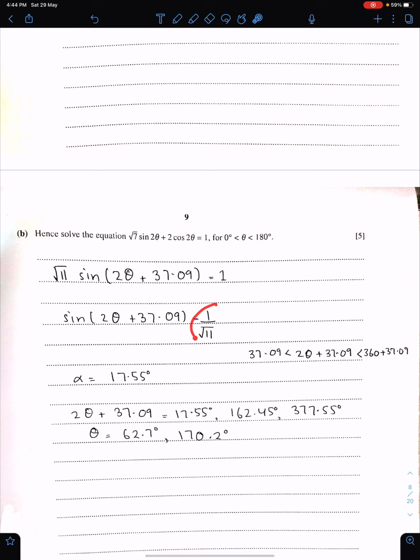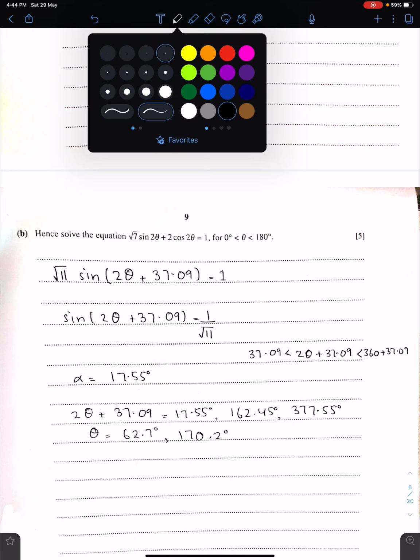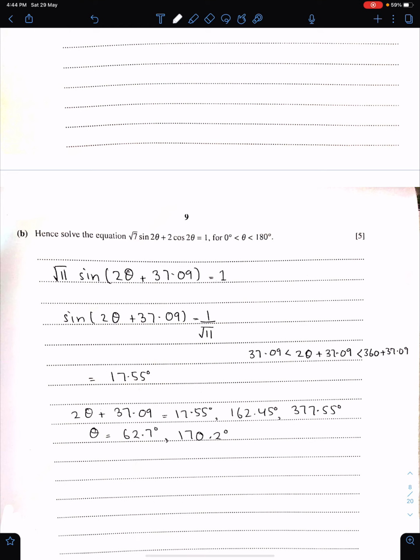See, sine is positive, so it must be in first and second quadrant. This is the value of basic angle. You should write basic angle. Basic angle is 17.55. When you take the inverse sine of this number, you will get this thing. Now when sine is in first quadrant, the answer is 17.55.